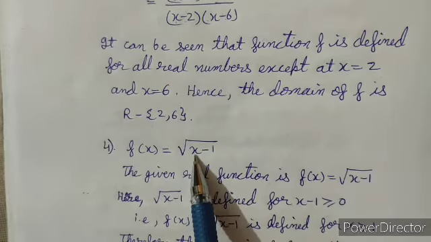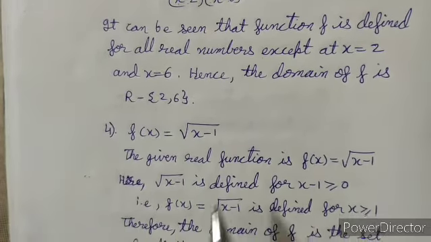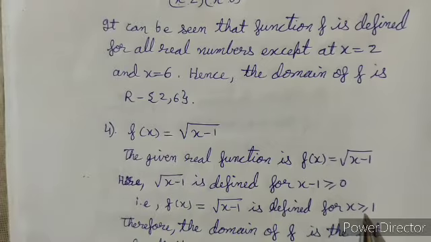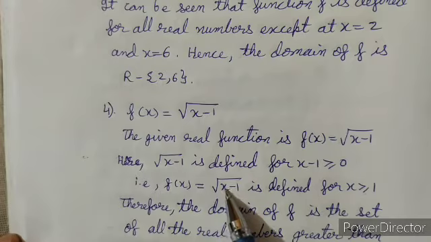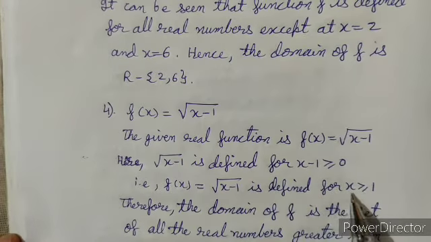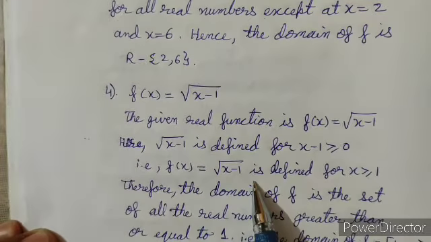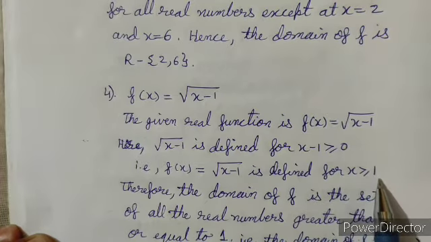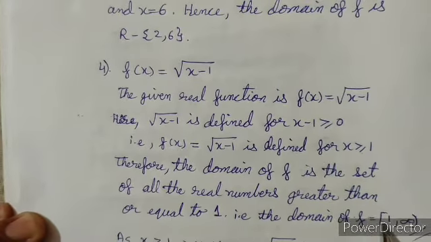If x minus 1 is greater than or equal to 0, then x will be greater than or equal to 1. Therefore, f(x) equal to under root of (x minus 1) is defined for x greater than or equal to 1. Therefore, the domain of f is the set of all real numbers greater than or equal to 1, or we can say that the domain of f is from 1 to infinity.